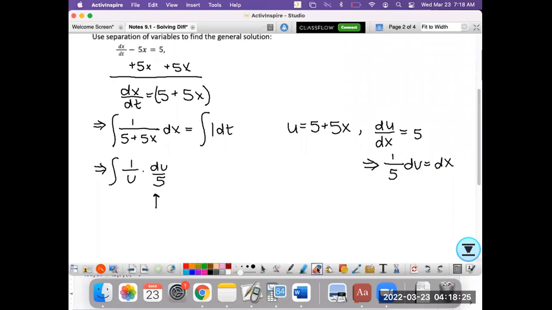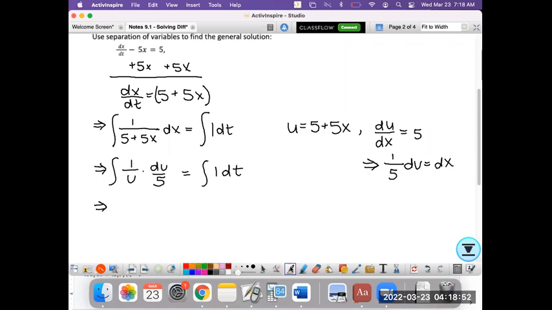So I could have seen the final result immediately when I integrated this. It would have just been 1 over the expression times 1 over the derivative of that inside function. Okay, so I'm going to integrate this anyway.